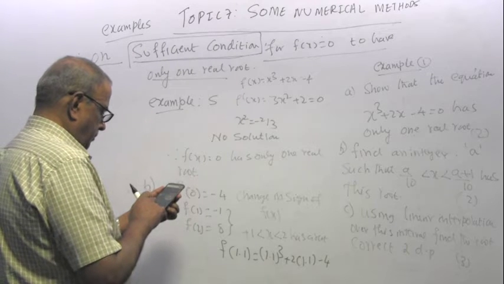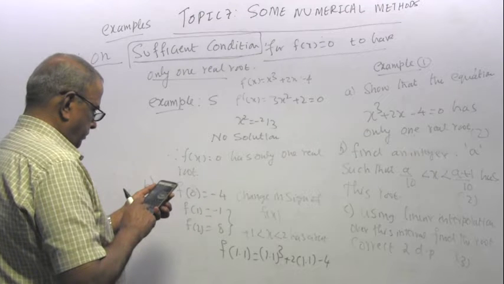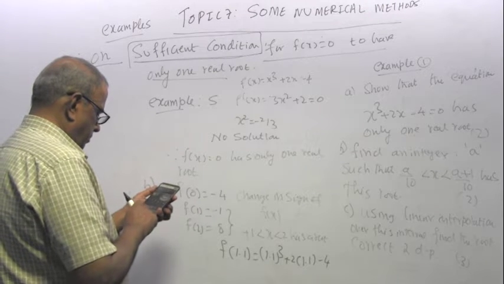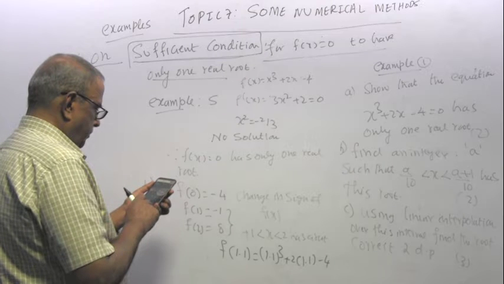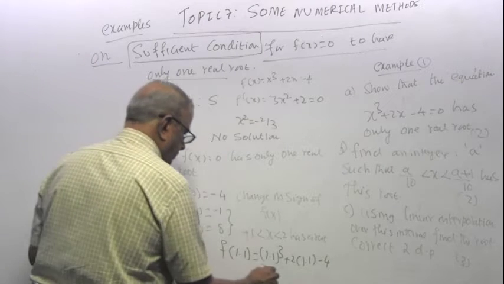1.1 cube plus 2.2 minus 4 is minus 0.469.